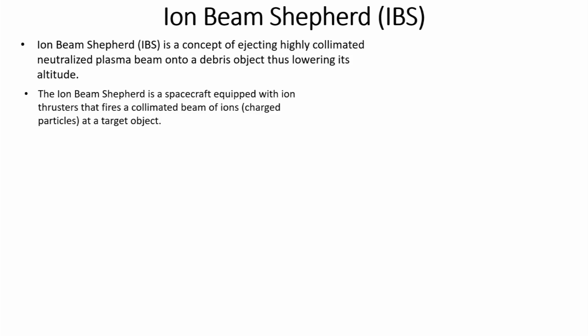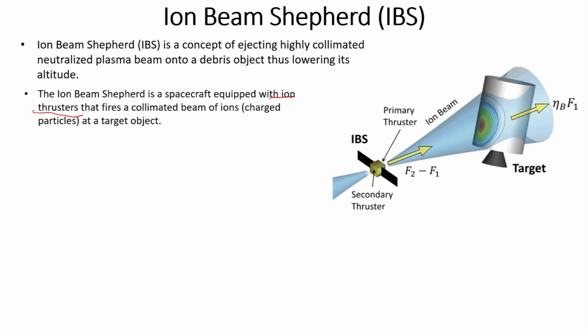The ion beam shepherd is a spacecraft equipped with ion thrusters that fires a collimated beam of ions, that is charged particles, at a target object. So, this technique is shown here. This is the debris, and this plasma or ion beam is thrown towards the debris target. I will explain this force thing. In fact, there should be a balancing force.